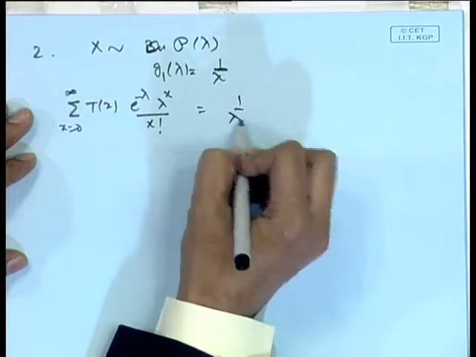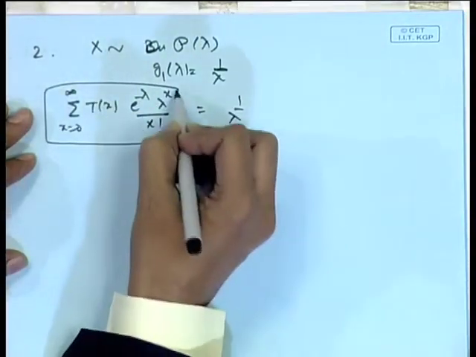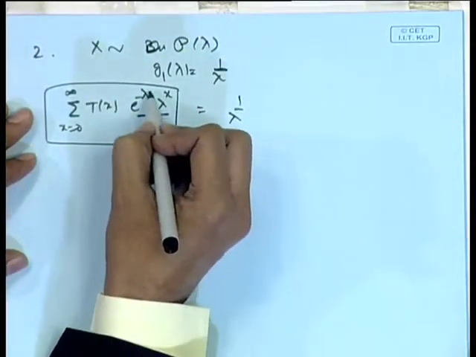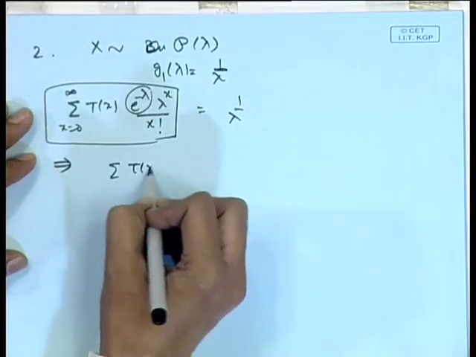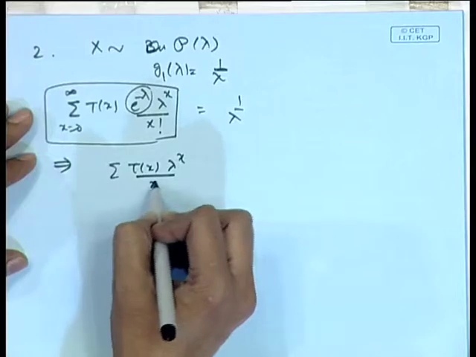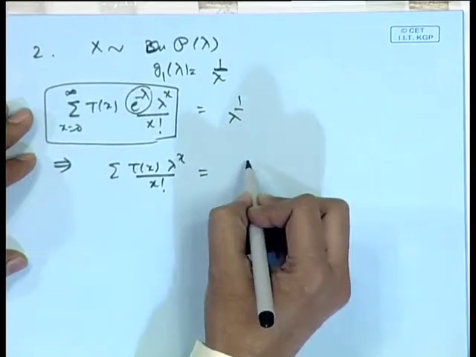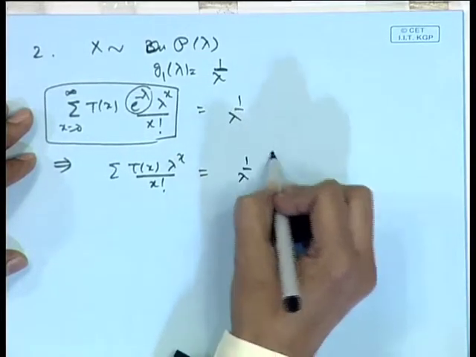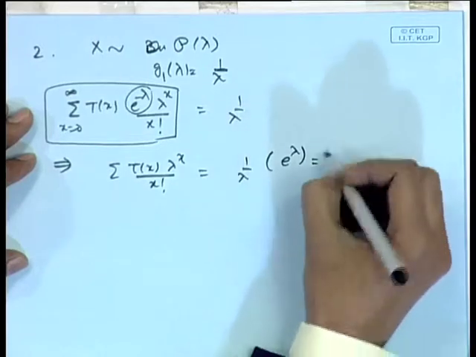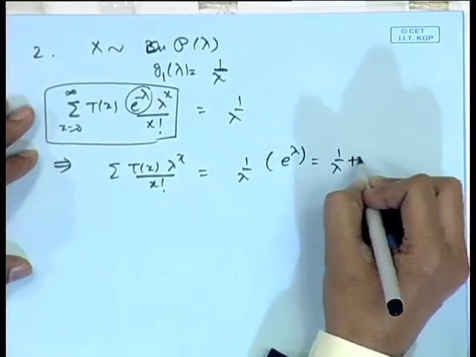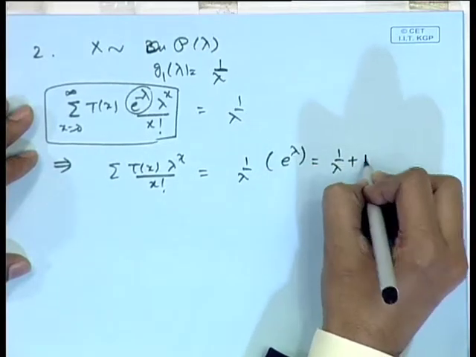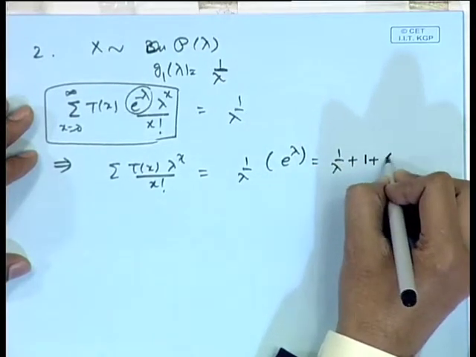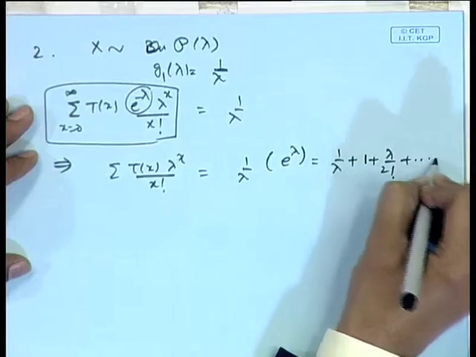If you look at this term, even if I take this to the other side, this will imply sum of T(x) lambda to the power x by x factorial is equal to 1/lambda into e to the power lambda, which I can write as 1/lambda plus, I can expand this, 1 plus lambda square by 2 factorial and so on.